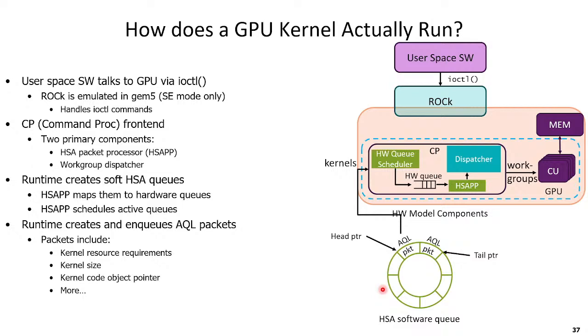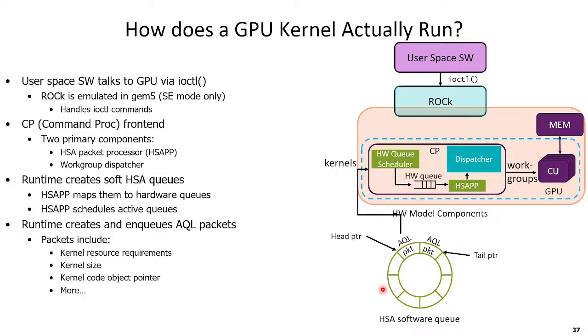GPUs have special embedded RISC microprocessors called command processors, or CPs. Their job in modern GPUs is to decode the packets that were put on the queue and figure out what work the GPU needs to do: how many registers it needs, how many specialized resources, how many work groups or threads it is running. Then it starts dispatching the work to the compute units.